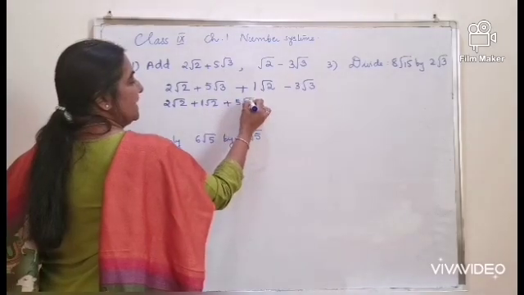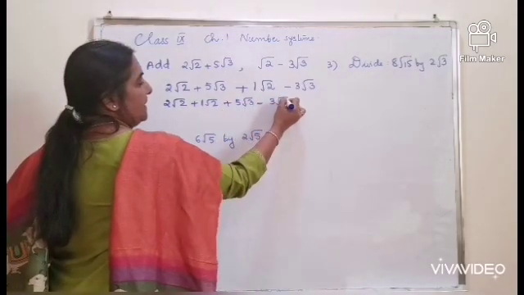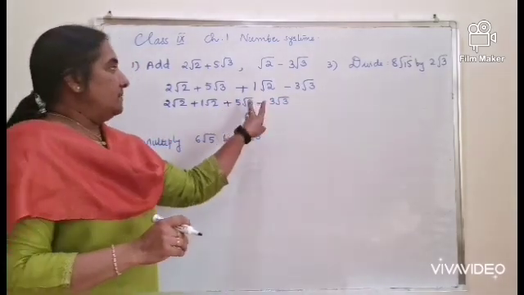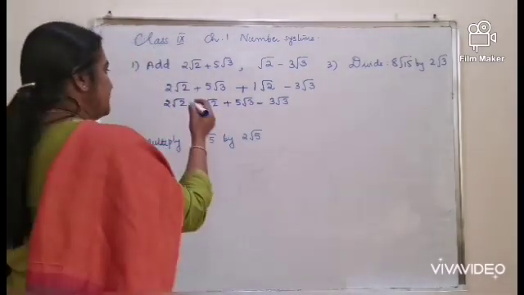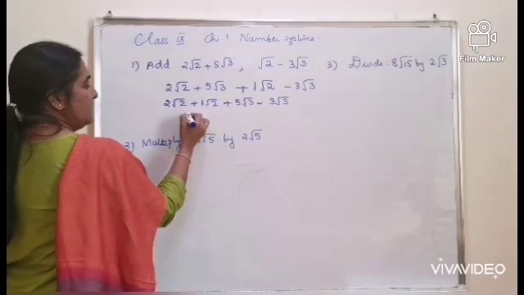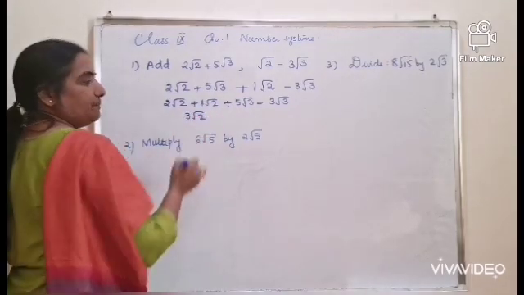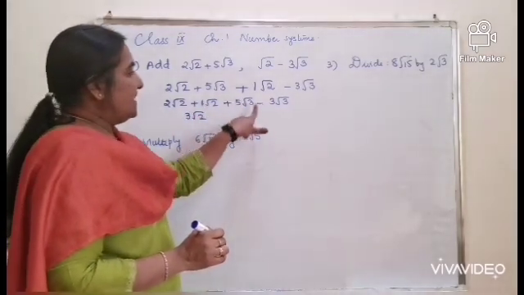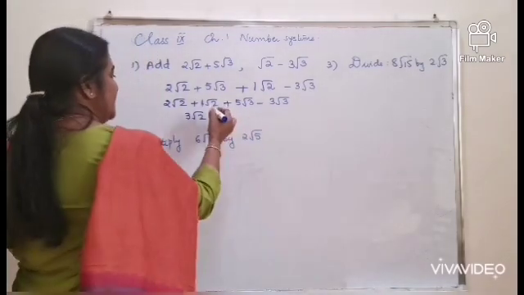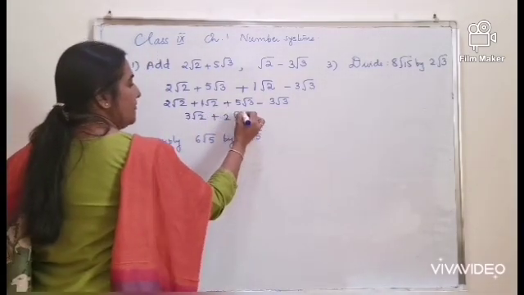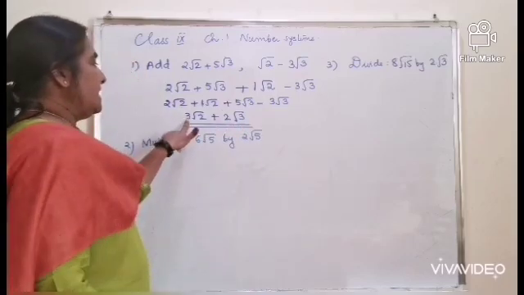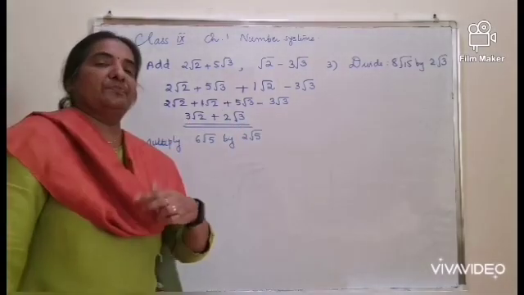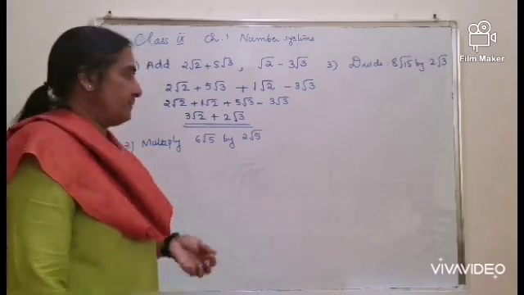Arrange with the signs the rational numbers with the same irrational factor, which gives you 2 plus 1, 3 root 2, plus 5 minus 3 is plus 2 root 3, and the answer is 3 root 2 plus 2 root 3.